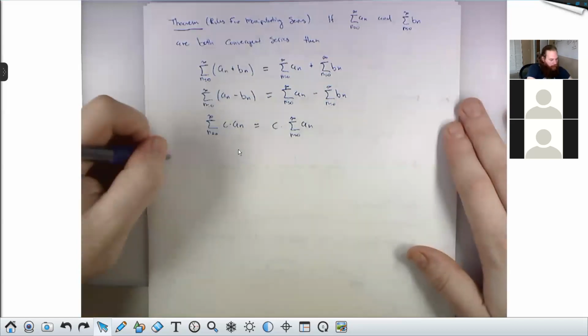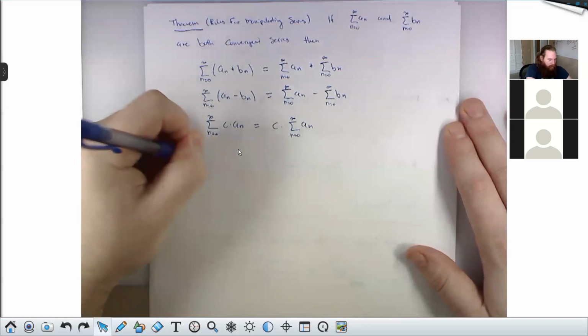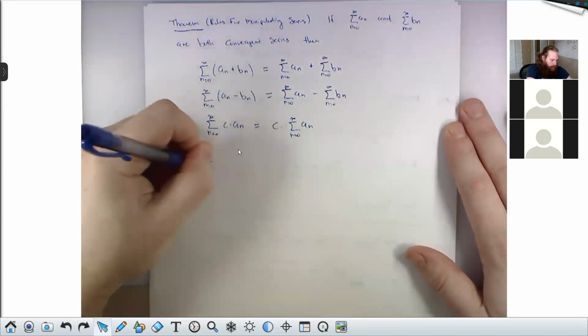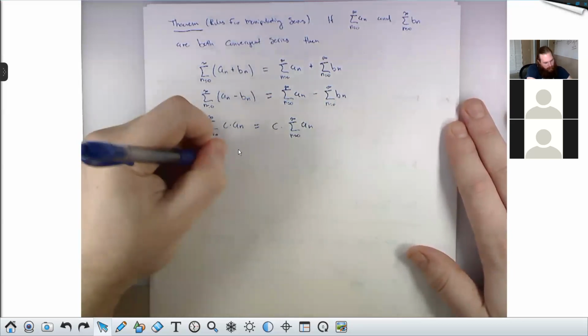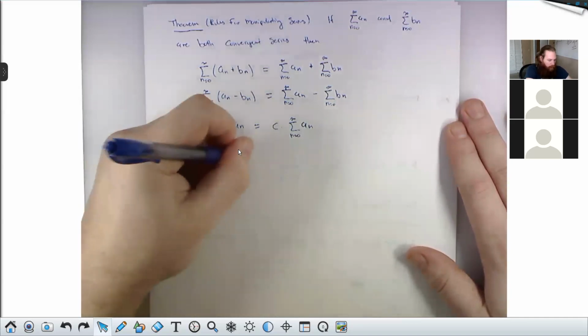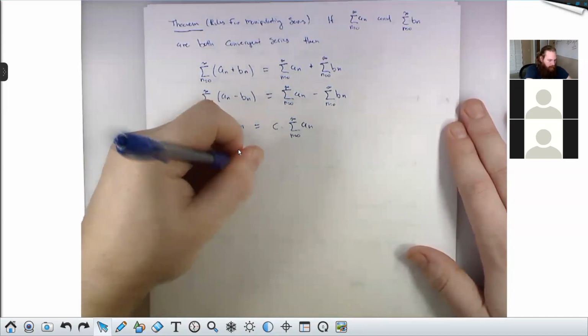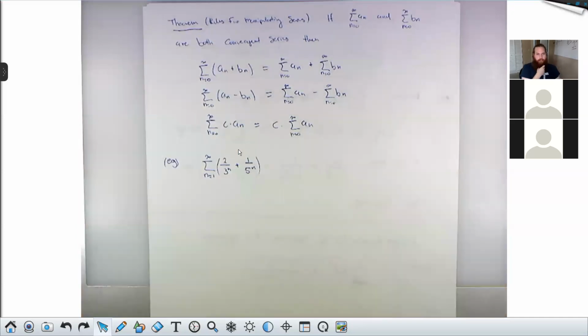An example of a place where we can use this is with the series sigma n from 1 to infinity, say, 2 over 3 to the n plus 1 over 5 to the n. So just like you can split up integrals, you can split up series.